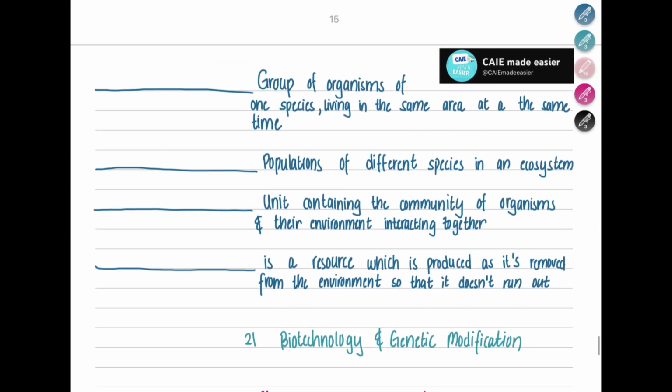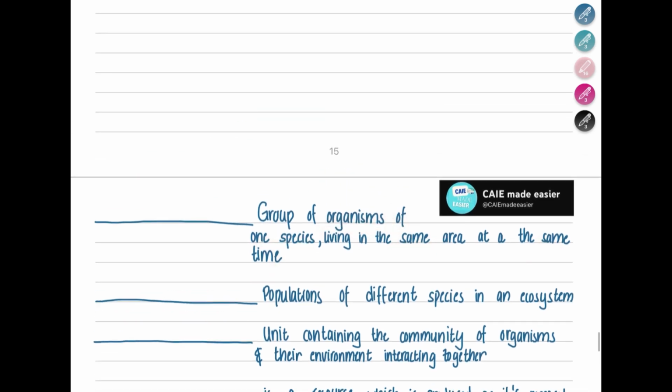Now, what is a group of organisms of one species living in the same area at the same time? For example, if we have an area and there are so many ants in that area, that is called a population, because it is the same area and the same species, all the ants, so we can say the population of ants.